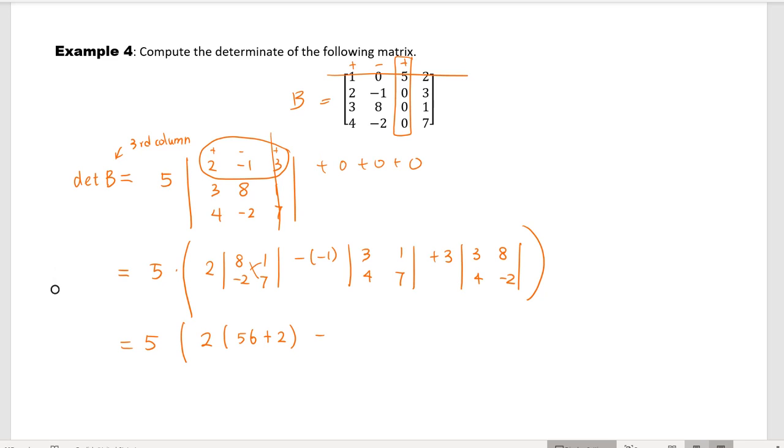Minus negative 1 becomes plus. Cross multiply: 3 times 7 is 21, minus 4 times 1, which is 4. We cross multiply, but don't forget we are subtracting. 3 times negative 2 is negative 6, minus 4 times 8, 32.